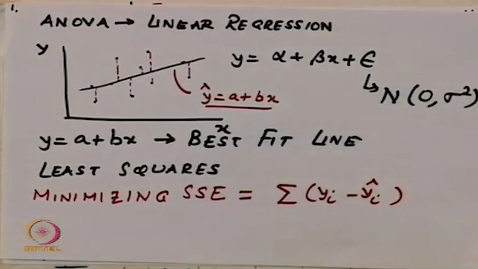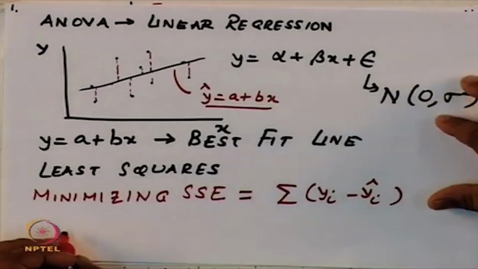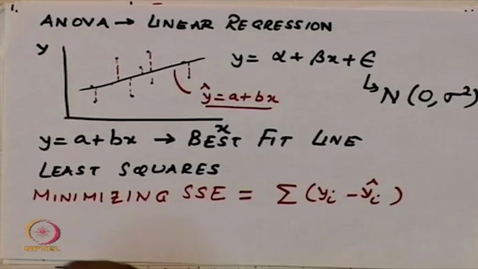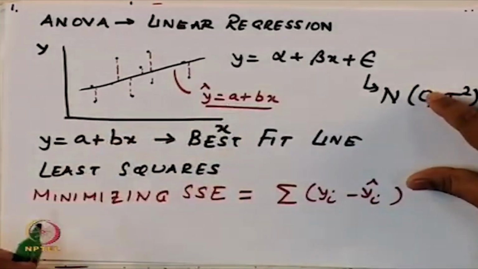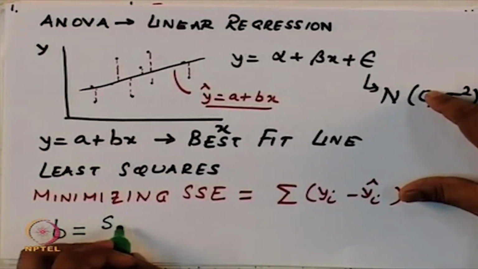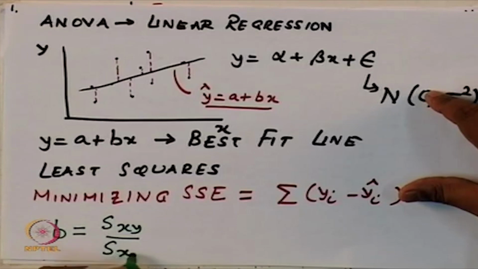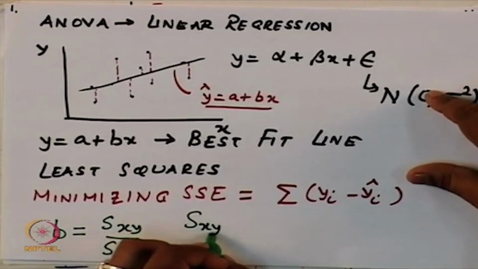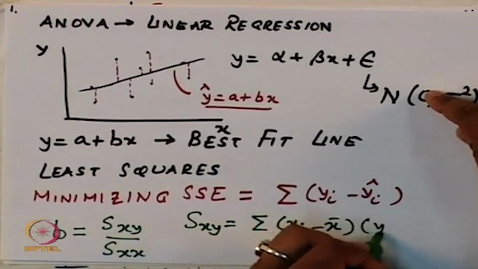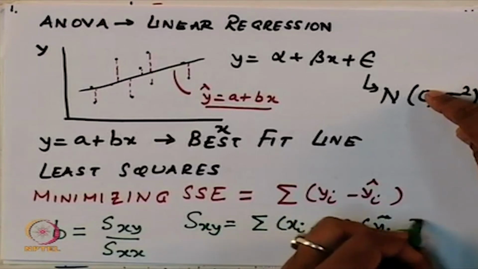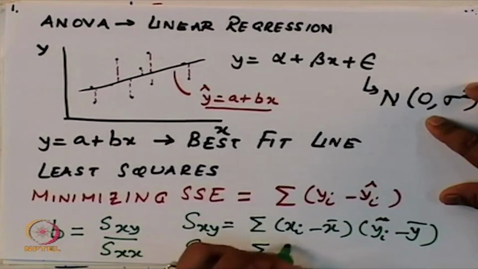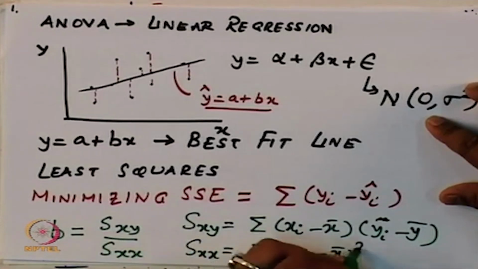What we have previously shown long back was that using calculus, you could determine the values of these coefficients a and b. So, b is given by S of xy by S of xx, where S of xy is given by summation of xi minus x bar into yi minus y bar, and Sxx is summation of xi minus x bar whole square.